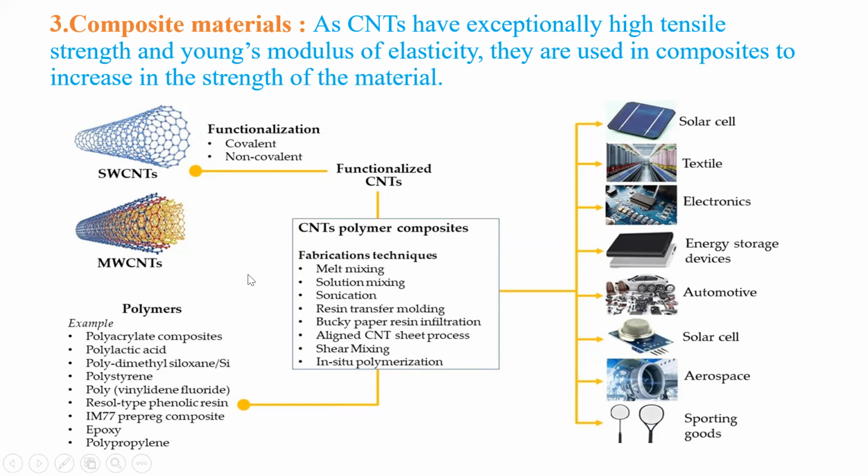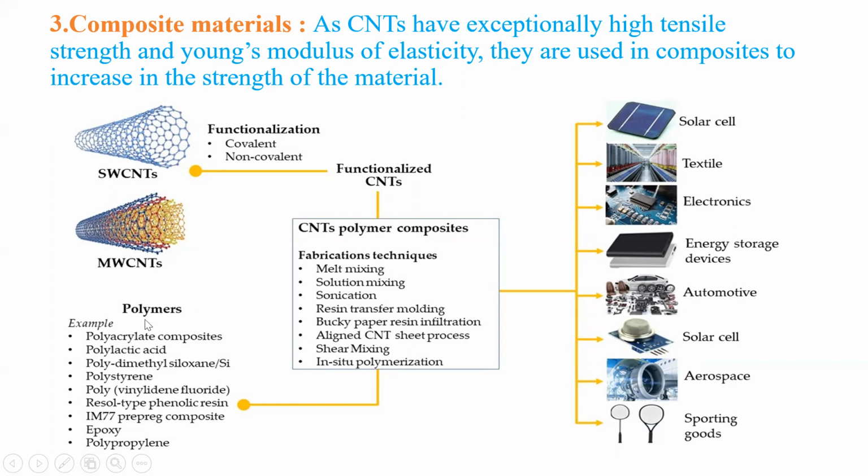So this is just for your understanding how, where, and in which devices these composites are used, and how the composites are actually fabricated, like melt mixing, solution mixing, sonication, resin transfer molding, bucky paper resin infiltration and in situ polymerization.